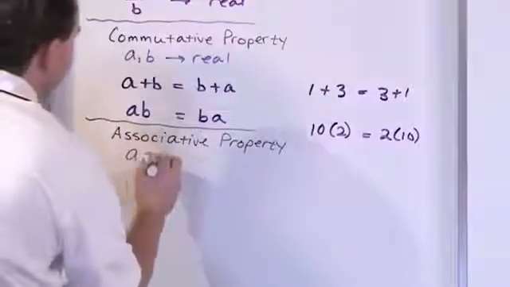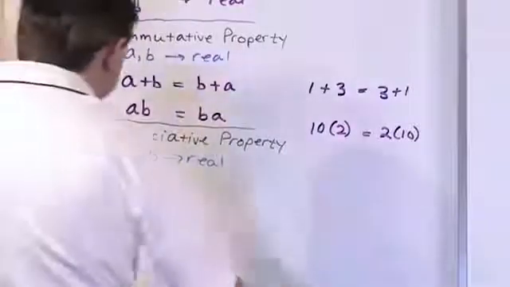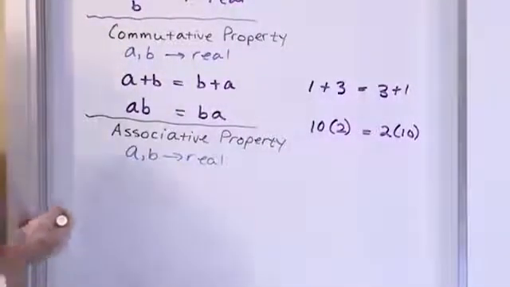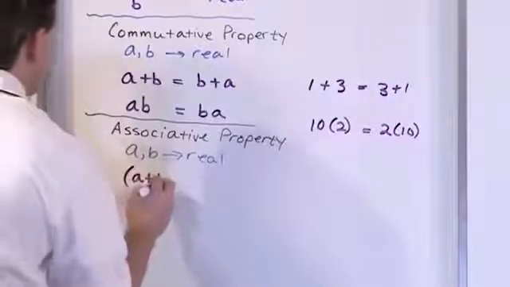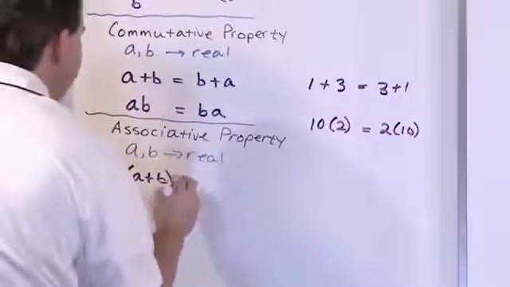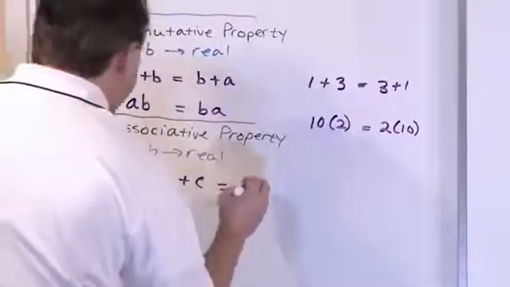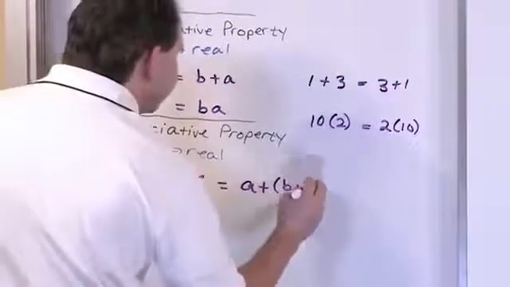This is basically true of all of these properties we're writing down. We're just kind of stating the obvious a little bit because we're not talking about imaginary numbers in this class at all. If you have something like this, a plus b in parentheses, and then you add to that c, that is the same thing as a plus b plus c.